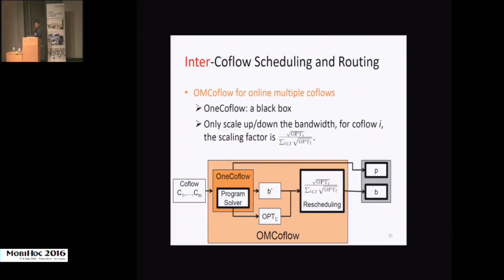And then based on this optimal value, the OMCoflow further computes a scaling factor for each of the coflows. And based on this scaling factor, OMCoflow reschedules the flow bandwidth.